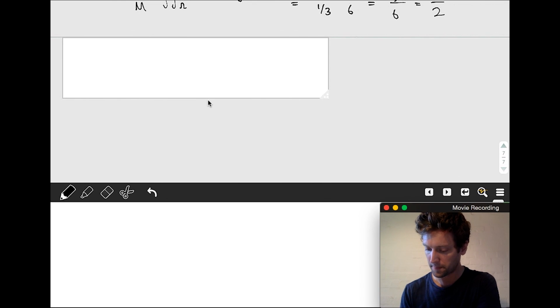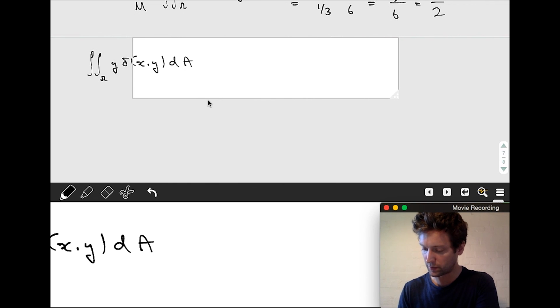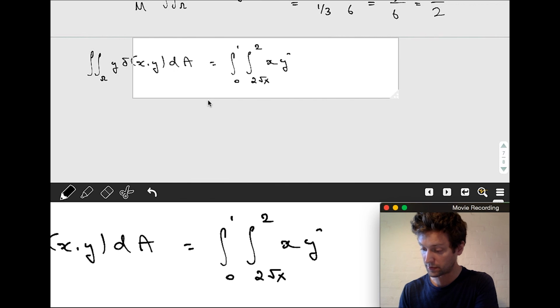I've got the double integral over omega of y times delta xy dA, which will be equal to, again, using the same limits of integration. That doesn't change. What does change is our integrand. And I'm going to do the y integral followed by the x integral.